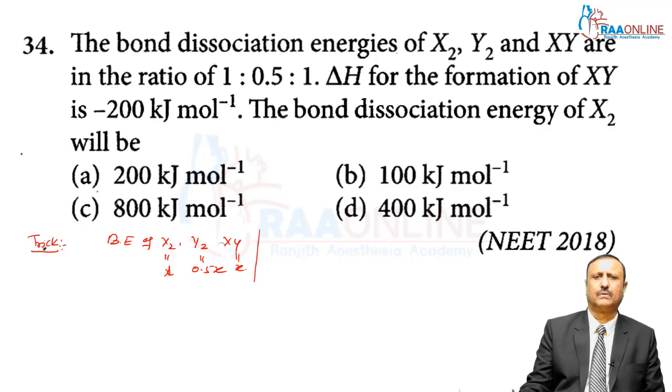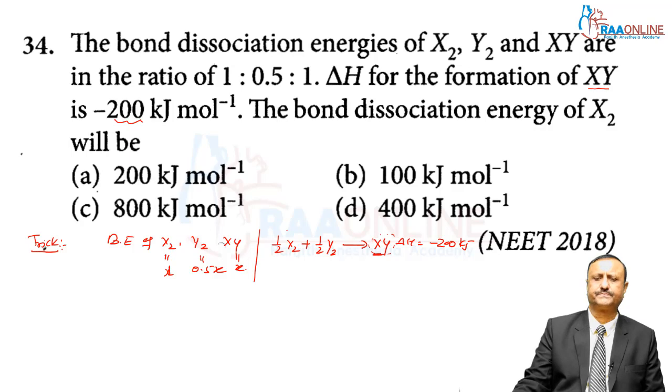Then we can write the reaction: half X2 plus half Y2 gives XY. This is the formation of XY, and delta H for the formation of XY equals minus 200 kilojoule. So my dear students, delta H is equal to minus 200 kilojoule. Because 1 mole of XY is formed from its constituents, we write half X2 plus half Y2 to give XY.